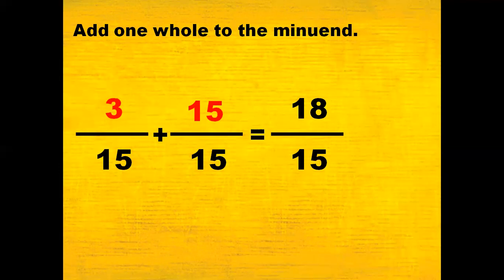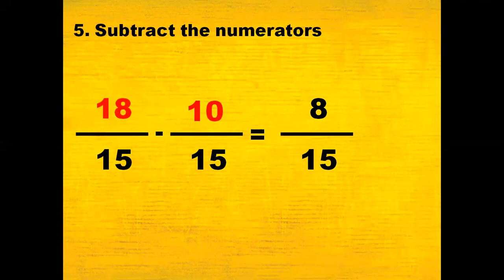So 3/15 plus 15/15, we will get 18/15. So I think we can now subtract the numerators. 18/15 minus 10/15, 18 minus 10 will give us 8. So 8/15 is the answer.